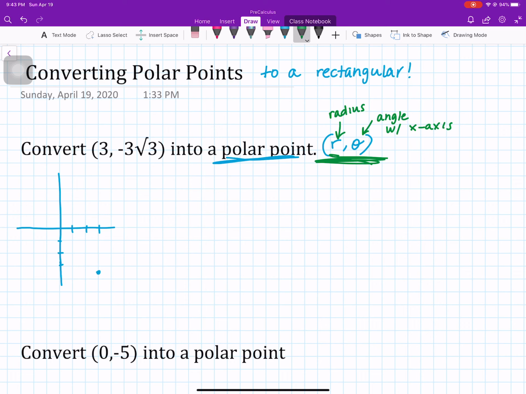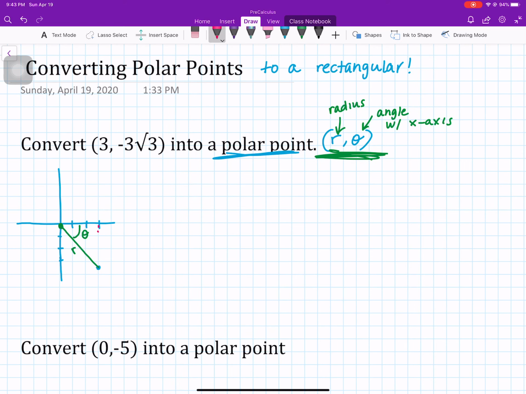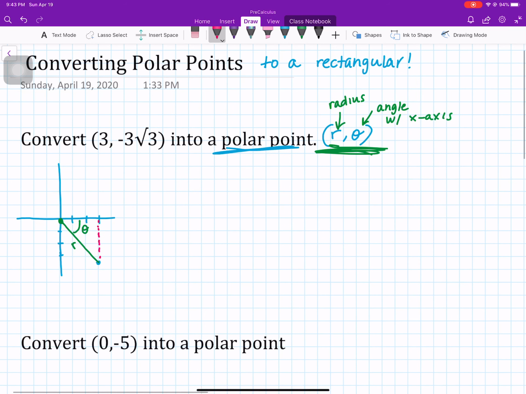Again, sometimes people like to think of r as the ring that you're on. So let's connect this point to the center. This would represent my r, and this would represent my theta. Now we're going to flash back to when we talked about the unit circle, because we can turn this into a right triangle.